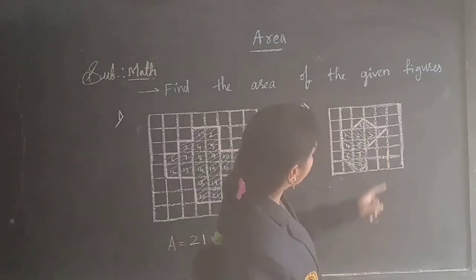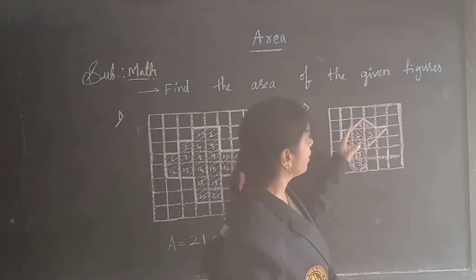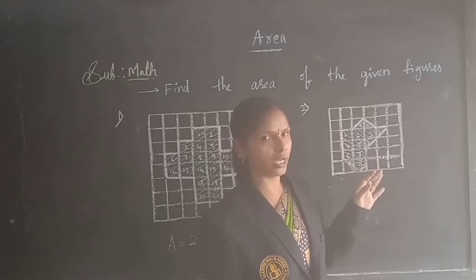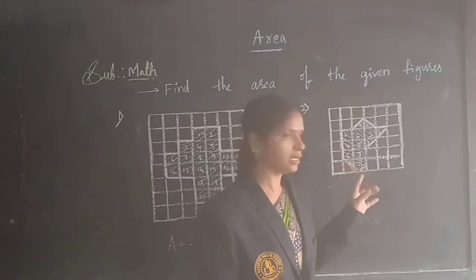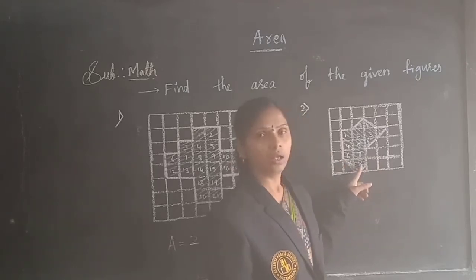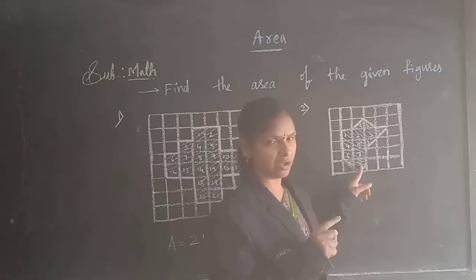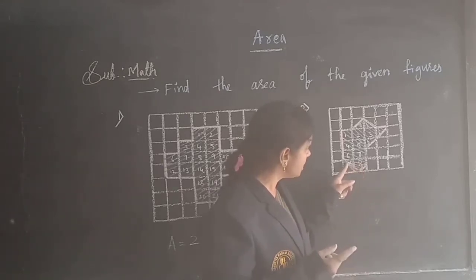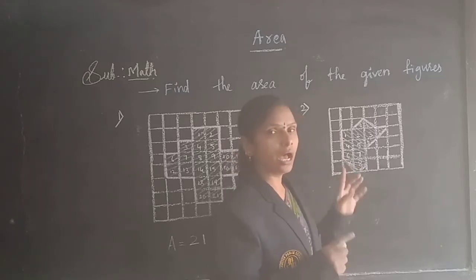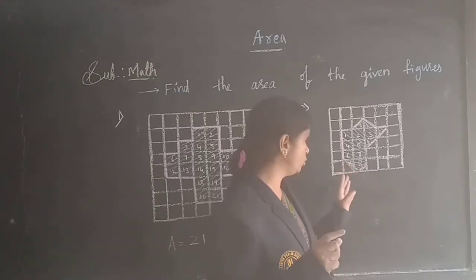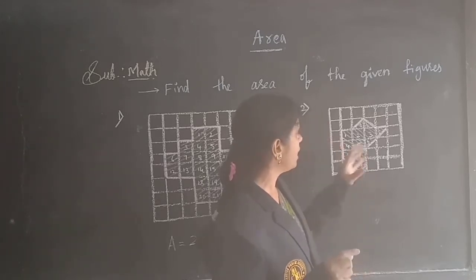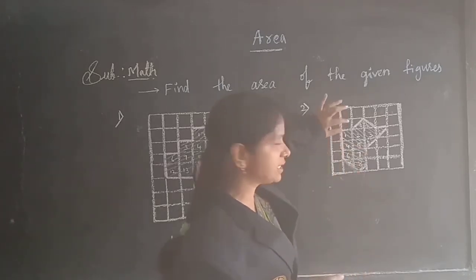See, children, where I wrote half, that is covered by half of the small square. Let's count here. This is a full square, meaning more than half is covered, so I treated it as 1 unit. Here it is covered less than half, so I am not taking that as a unit. Now observe carefully, children, and let's count again what is covered in total.